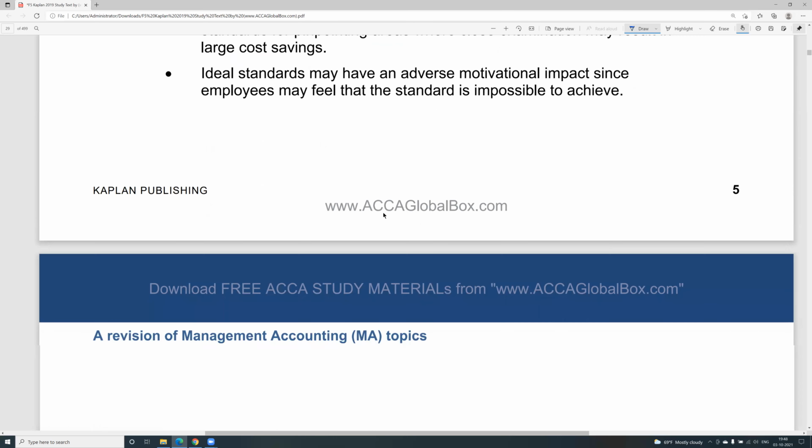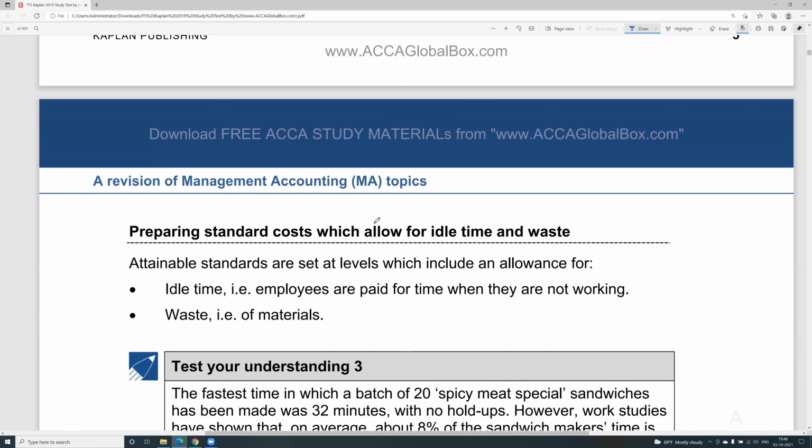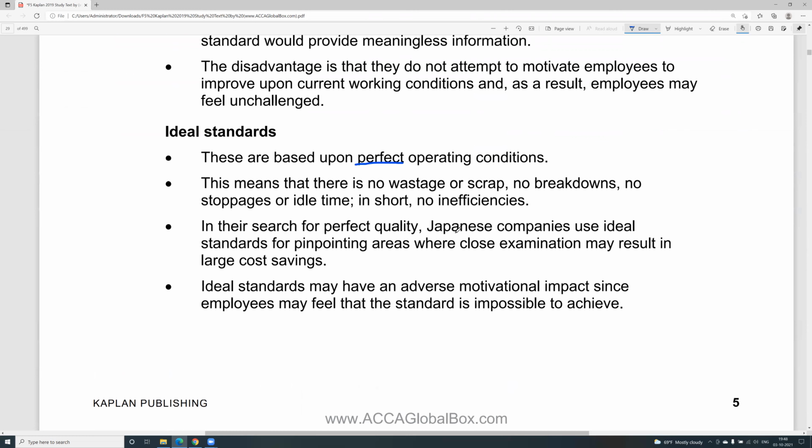Okay. Now, moving forward, preparing standard cost which allows for idle time and waste. What I want you guys to do right now is we'll come towards a pause of the session today. But what I want you to do is go back and see what we have completed.